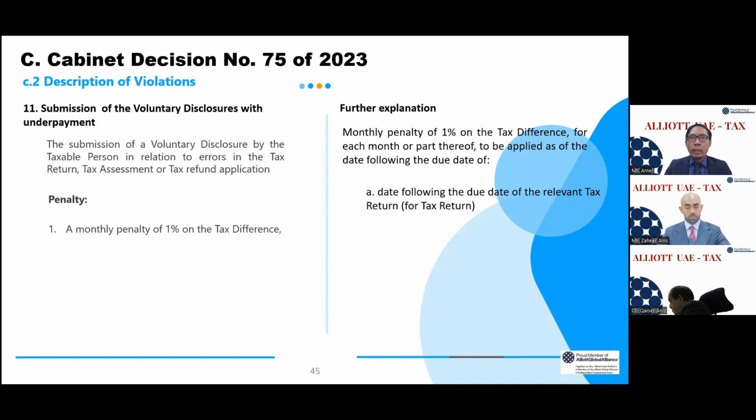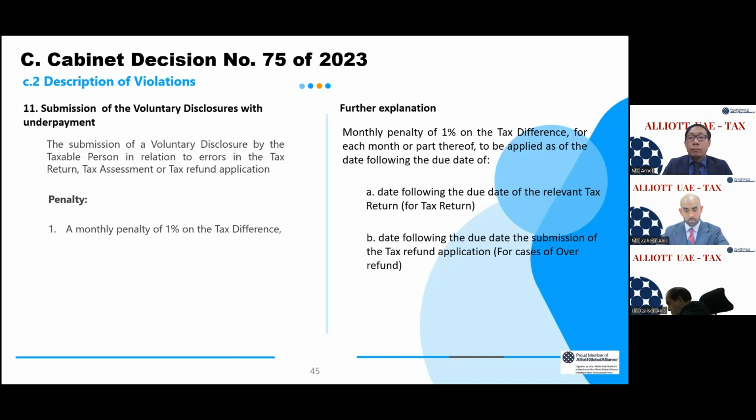After making a voluntary disclosure, it turned out that you have to pay 1.2 million. So in this case, you have to pay an additional 200,000. The 1% will be applied on that difference. In the case of the tax return, it runs from the date following the due date of the relevant tax return, so it will be computed on that basis.